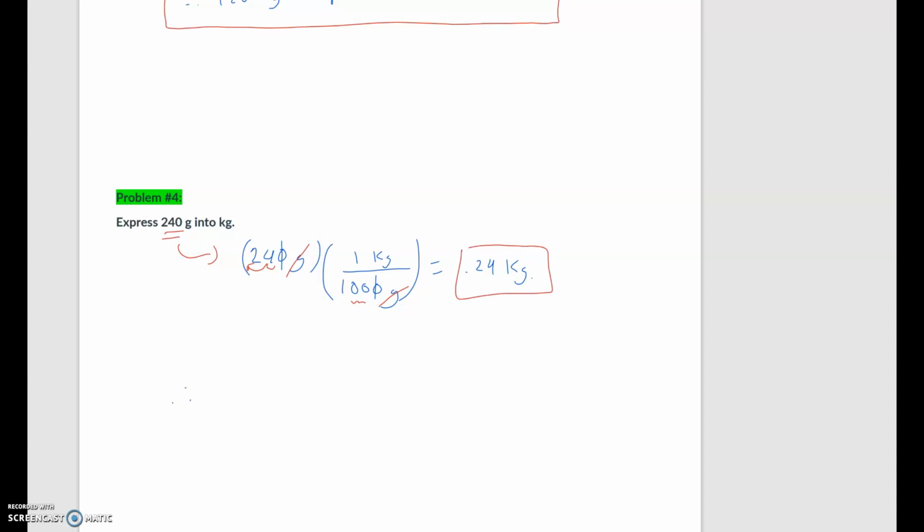And let me write it out. 240 grams represents 0.24 kilograms.